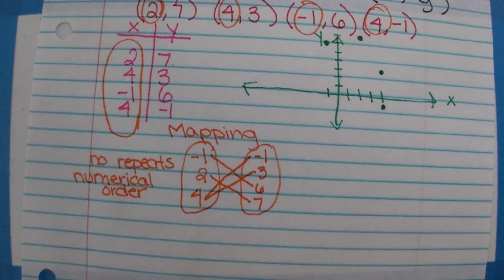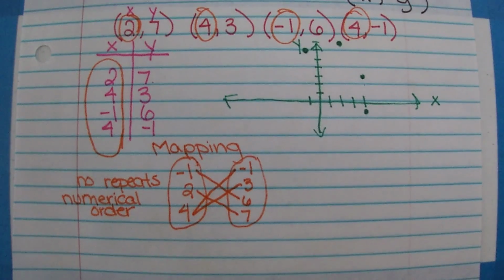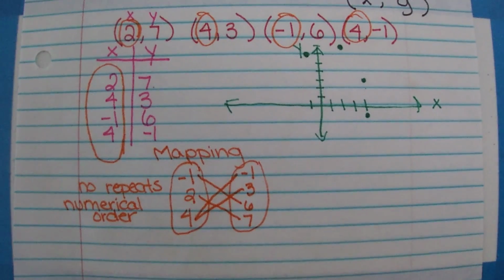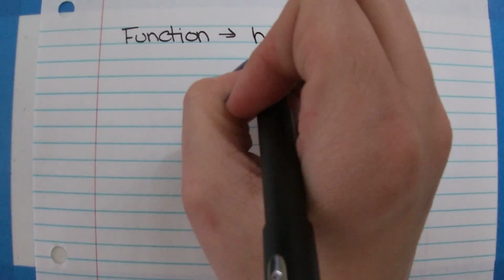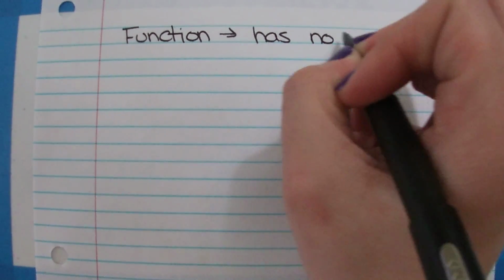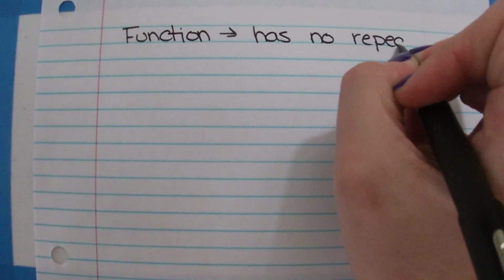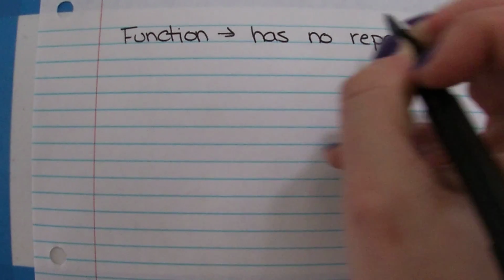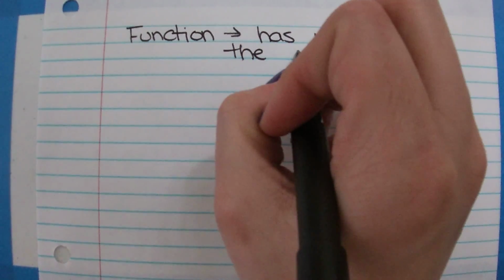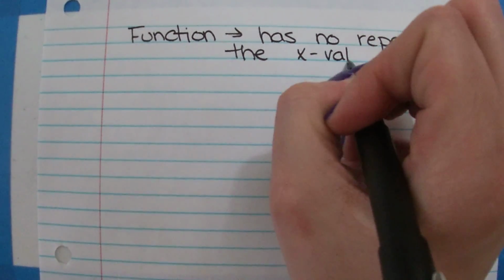Now, if we are talking about a specific type of relation, that specific type of relation is called a function. Okay, and a function has all the same properties that we just talked about. The difference is that a function has no repeats in the x value.